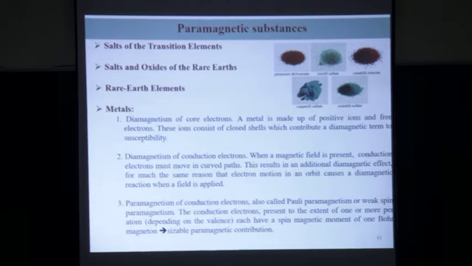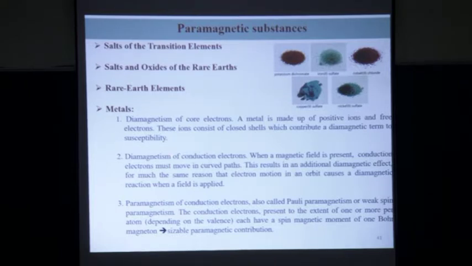Okay? So that is called Pauli paramagnetism or weak spin paramagnetism. So you have both a diamagnetic effect and a paramagnetic effect. Why do you have this? Diamagnetism you have because the electrons are free to move.